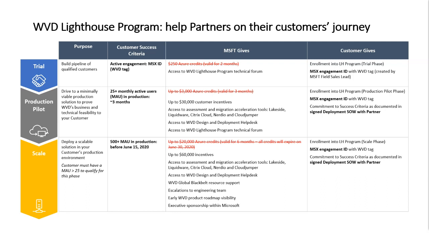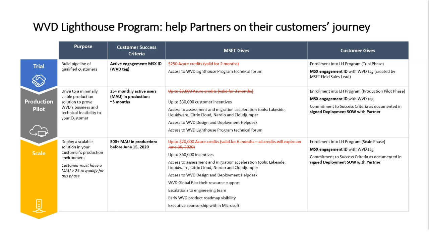And what I recommend for the SMB customers or SMB partners to do is build into the production pilot rather than the trial, or combine the trial phase and the production pilot phase together in one suite. That's because the projects you would do in WVD for the SMB market tend to be a lot quicker and a lot smaller.